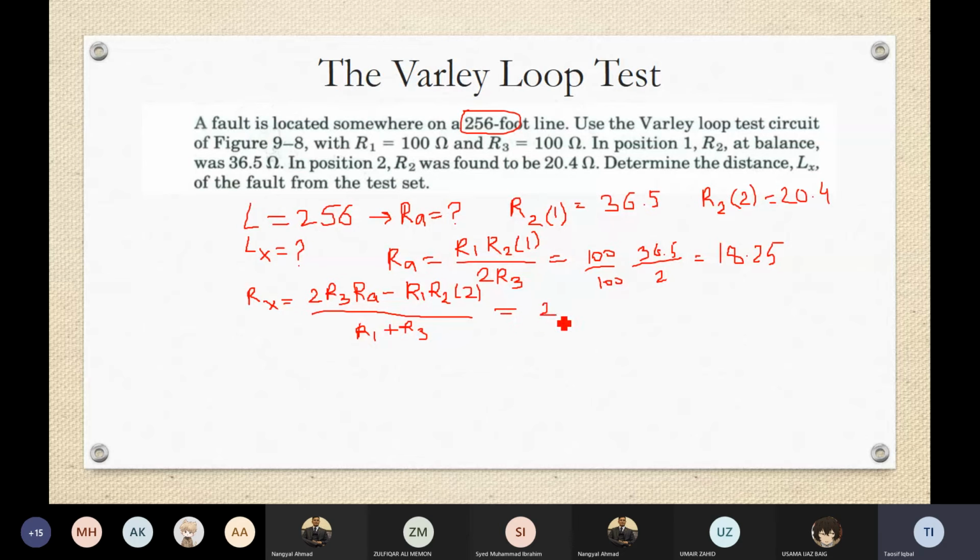So now 2 multiplied by R3, which is 100, and that is multiplied by RA, which is 18.25, and we subtract from here R1, which is 100, and R2, which is 20.4.